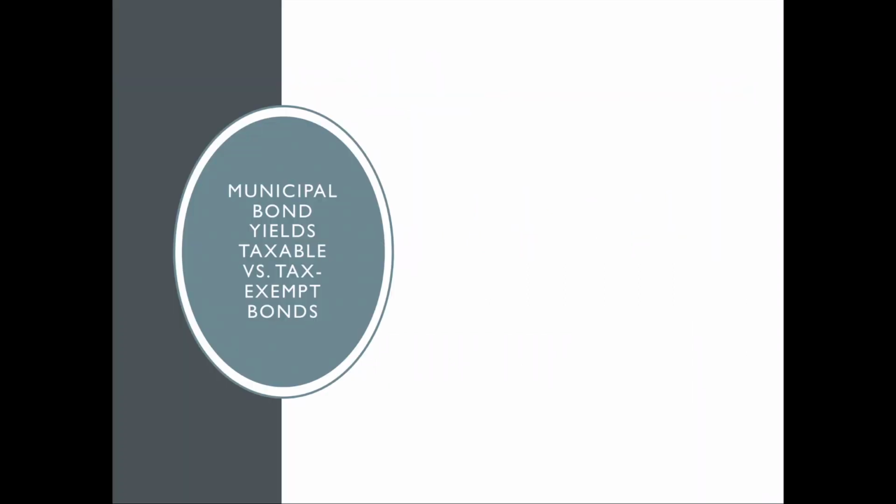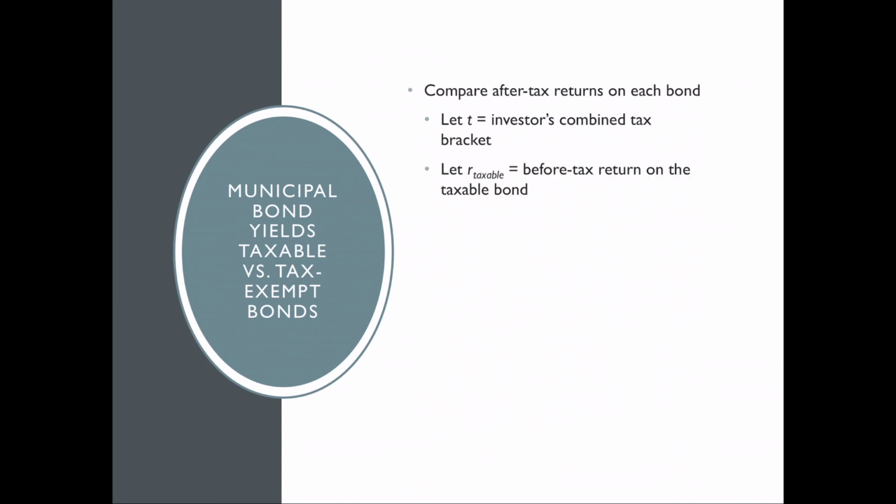Now, since munis are exempt from federal taxes, you always have to compare after-tax yields when you're comparing a municipal bond's yield versus a taxable bond's yield. So we always want to compare the after-tax returns on each bond. Let's set up an equation here where we let T equal an investor's combined tax bracket, combined state and federal, taking into consideration your combined tax rates.